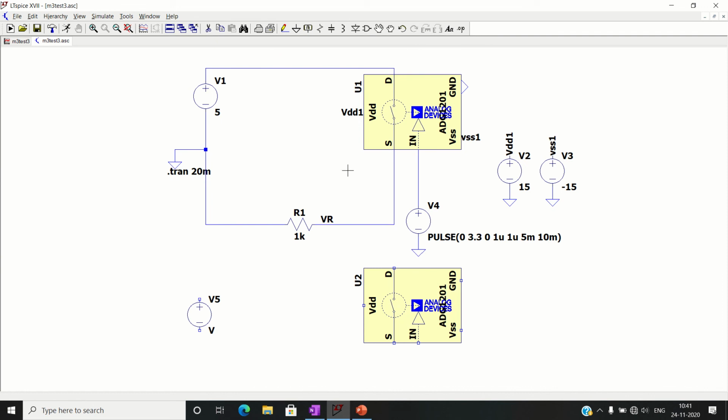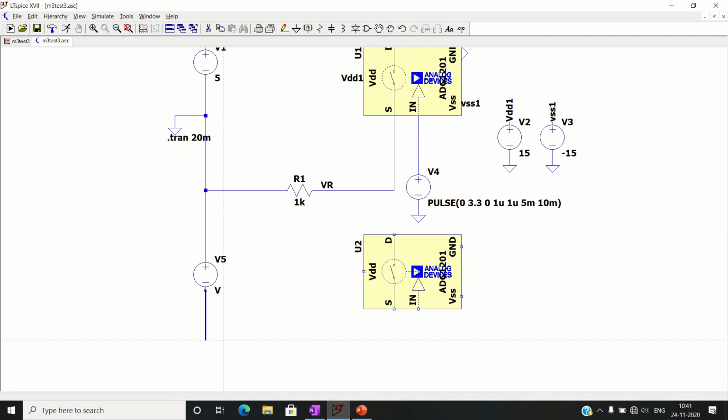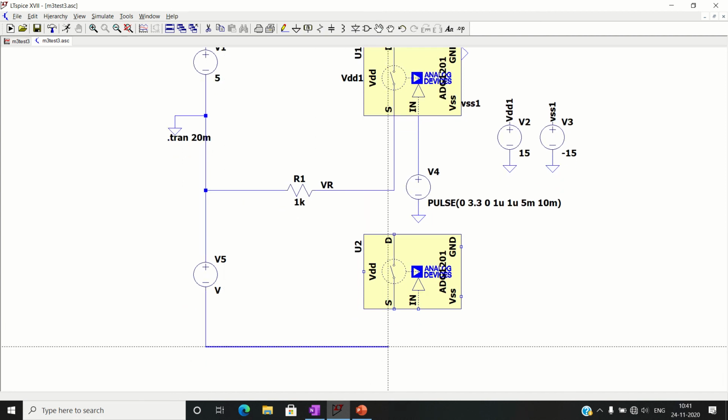What I have done is I have just dragged it downside. The common point is here, same way, and then I will connect the other part. Connect this here, connect it here, connect the switch.